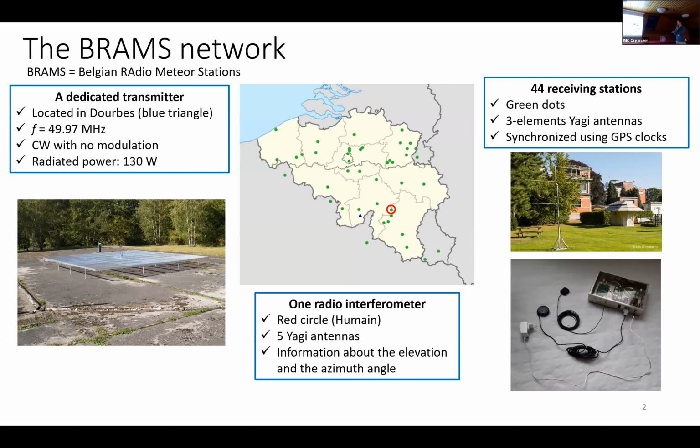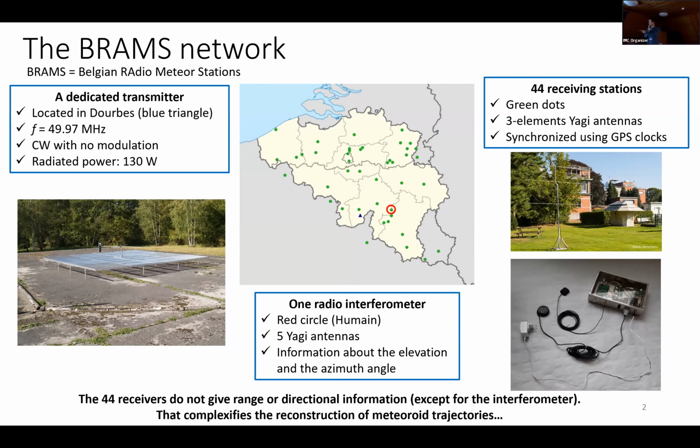This is the BRAMS network, so it's a forward-scatter setup, which means that the transmitter is not located at the same place as the receivers. I would just like to emphasize what's important for our purpose of trajectory reconstruction, which is that all of the receivers do not give any range or directional information.